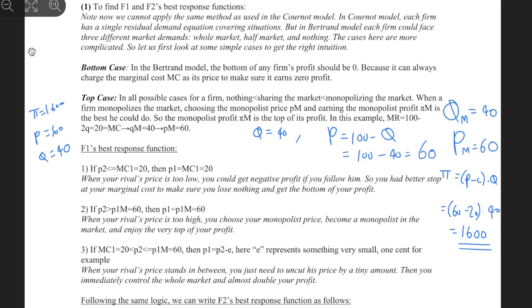And in the bottom case, we have a profit of 0. If we sell, we have to have the price at our marginal cost, so 20. And the Q, I don't know, because we're getting nothing, so it's better to produce nothing.